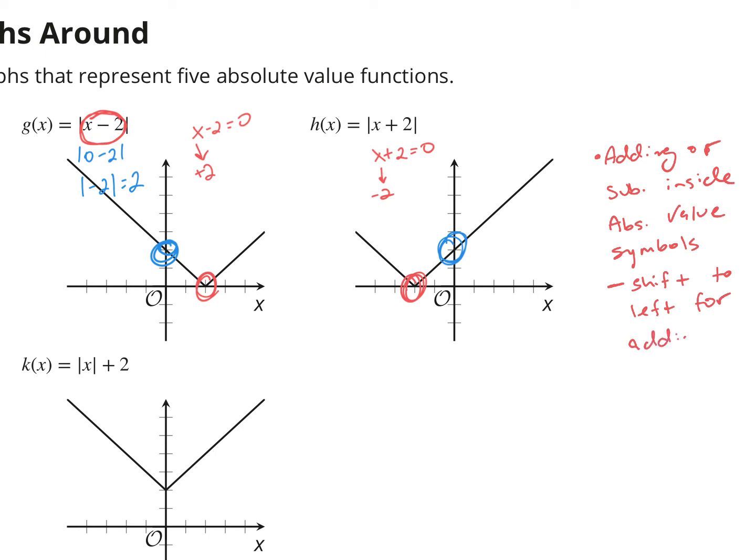Because if you're adding, that means you need a negative x-intercept. And then shift to the right for subtraction. And again, that's because you need a positive x-intercept for when you're subtracting. So that causes a shift to the right.